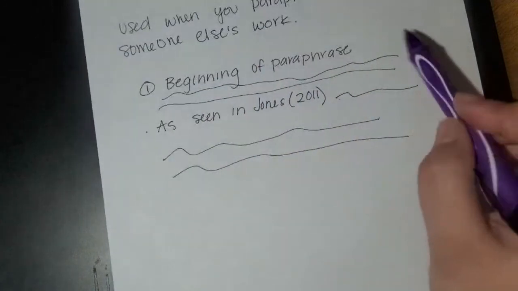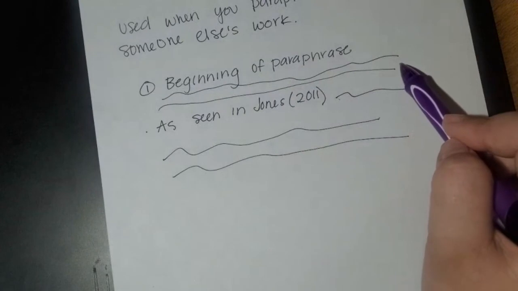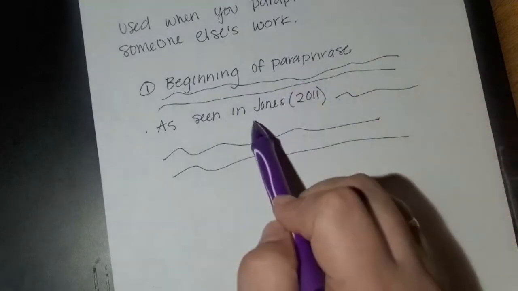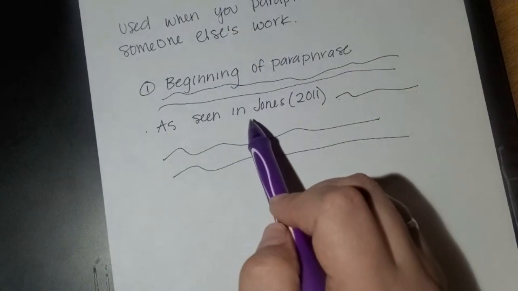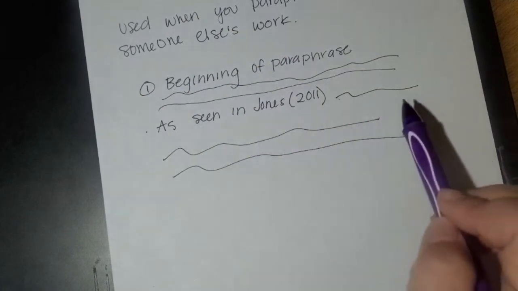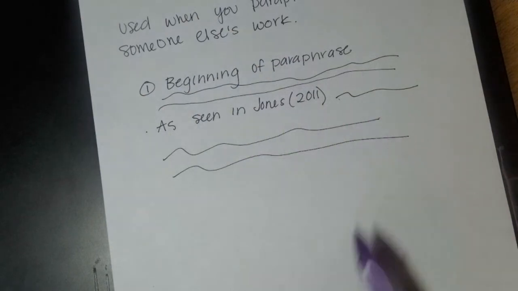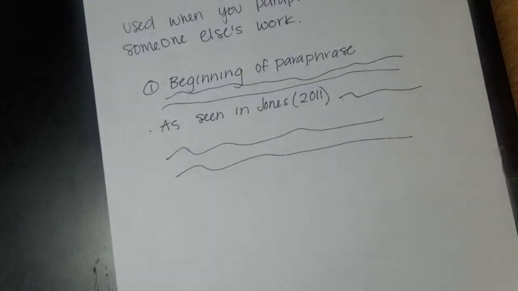Typically what you would do is talk about your experiment or procedure or results, and then here's your source that you want to use that aligns with what you're saying, and then you paraphrase what they said, okay? Just make sure that you're careful about placement. Don't put this at the very beginning of a paragraph, okay?